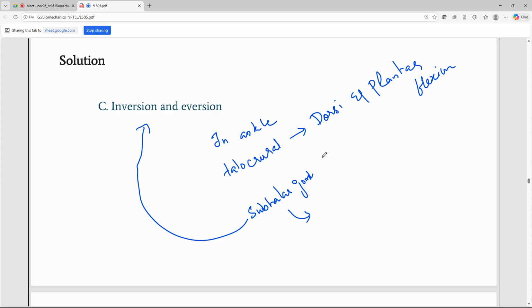So both talocrural and subtalar joints are the two joints which facilitate the four different motions of the foot.